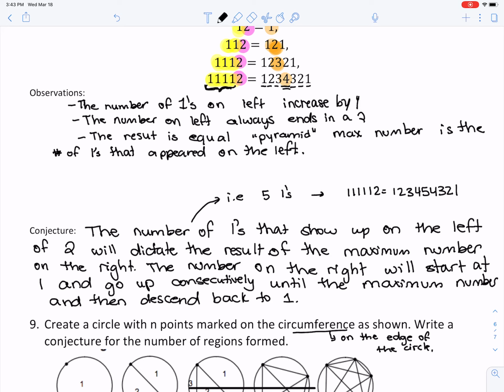So it goes 1, 2, 3, 4 was my maximum number, and then it went back down 3, 2, 1. Okay, so that's my conjecture, and then I tried to kind of highlight what I mean by that. So I said if there was 5 1s, then the result would be 5 1s and a 2 on the left, which is equal to 1, 2, 3, 4, 5 is my maximum number, back down 4, 3, 2, 1.